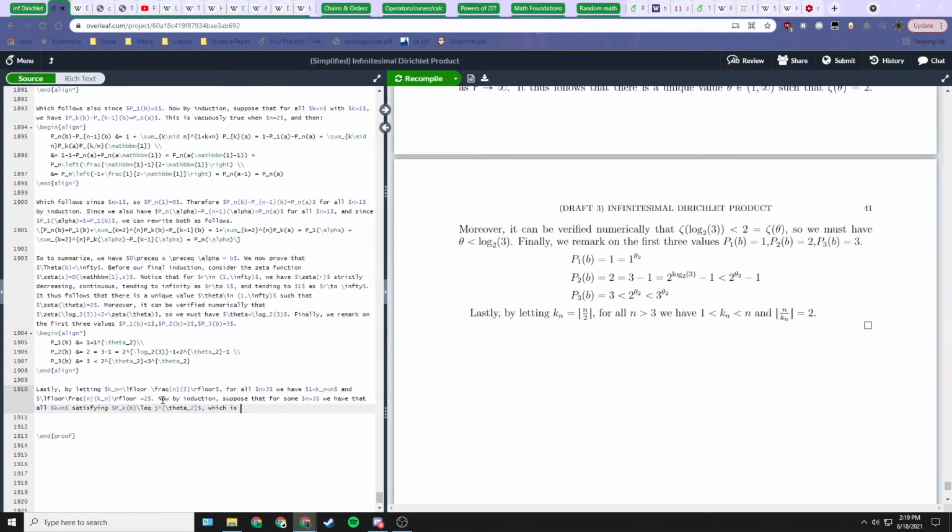Which is true when n equals 4, as established.